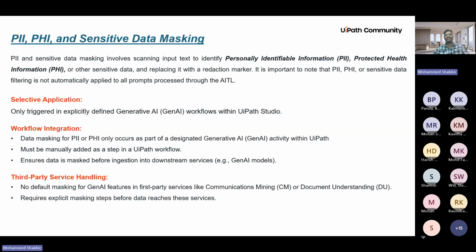So as I said, whatever data we have, when we are using Gen AI activities, for example, if you want to summarize your email, if you want Gen AI to reply to your email, or if you want Gen AI to extract sensitive information from the invoices or the POs, like the quoted information, the quoted amount, or the tender amount, I think we get concerned, because our data should not be leaked.